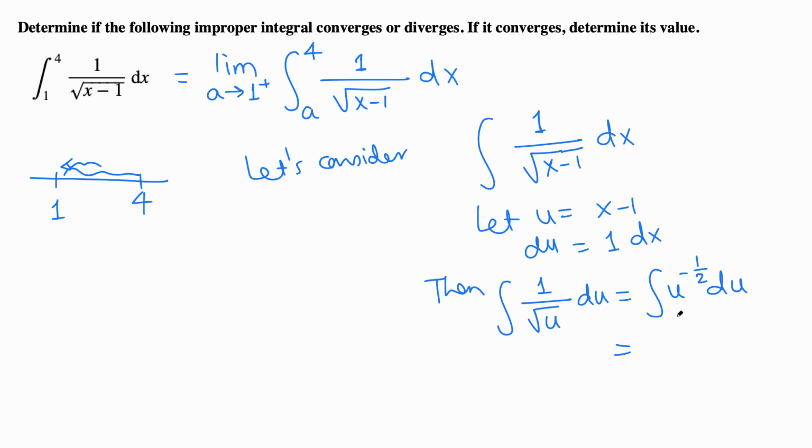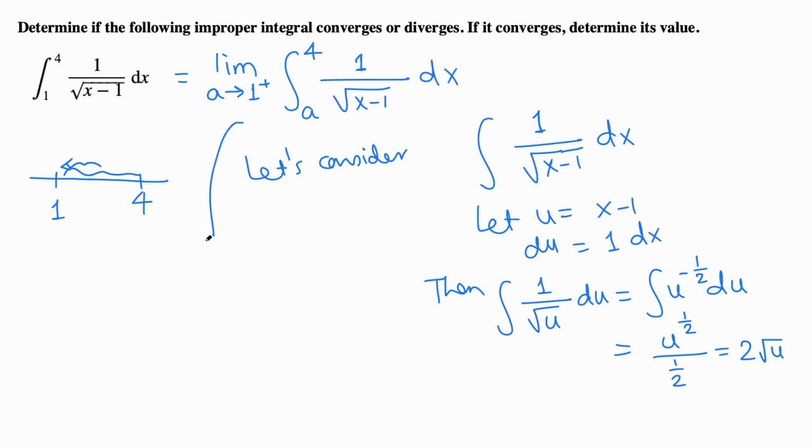By the power rule, u raised to negative 1/2 plus 1, that's positive 1/2, divided by positive 1/2. Plus c we don't need because we are working on a lot of other things here, and u is in fact x minus 1. So this is 2 times the square root of u, and u is x minus 1.